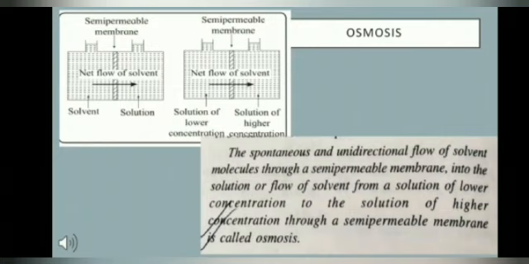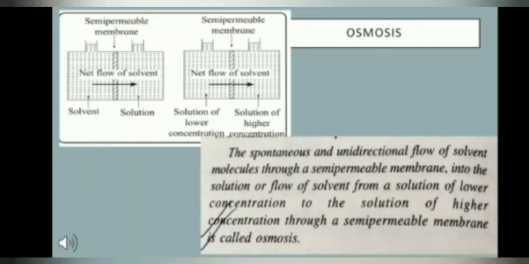So the net spontaneous flow of solvent molecules into the solution, or from the more dilute solution to the more concentrated solution, through a semi-permeable membrane, is called osmosis. As a result of osmosis, the amount of liquid on the pure solvent side or dilute solution side decreases and the amount of liquid on the other side increases.